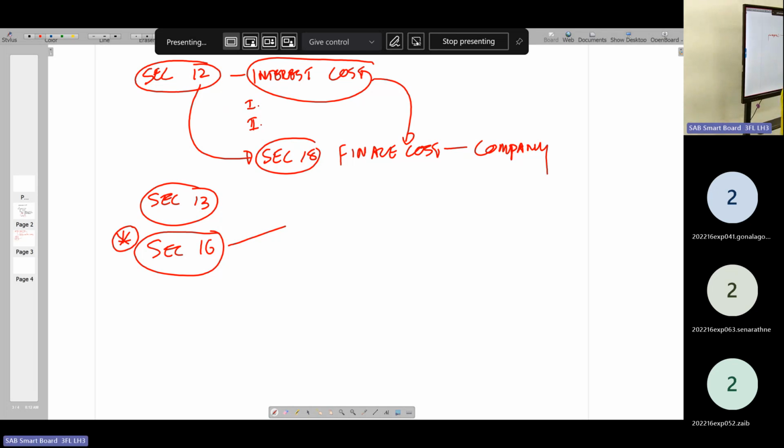Basically all these things are testable, but in any computation, the adjustment for this should be there in the case of business income, because all businesses use capital assets, so capital allowance will be applicable. So that is section 16.